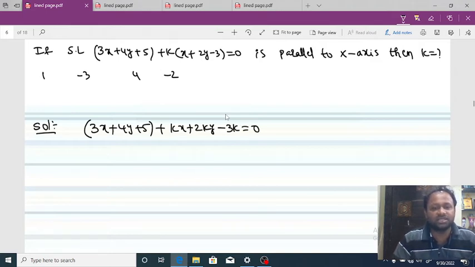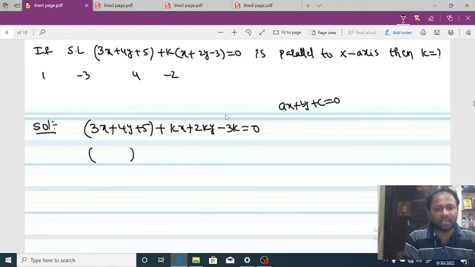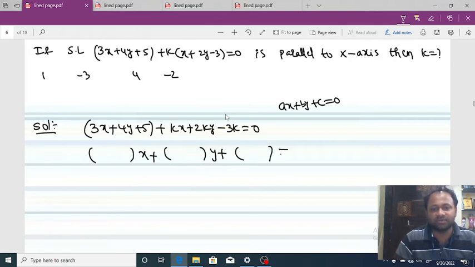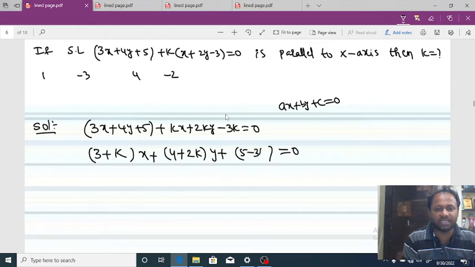I will convert this into standard form. What is standard form? ax plus by plus c is equal to 0. Here I will take x common as well as y common, plus the constant, is equal to 0. So in this, we get 3 plus k, as well as next one here 4 plus 2k, and here 5 minus 3k remaining.